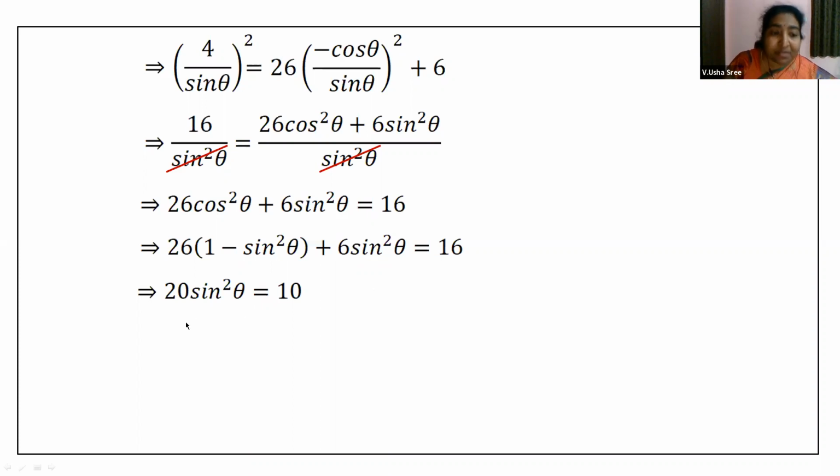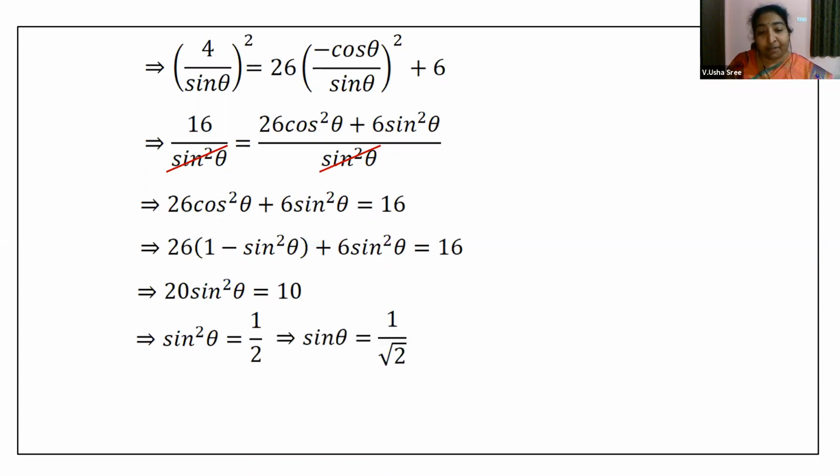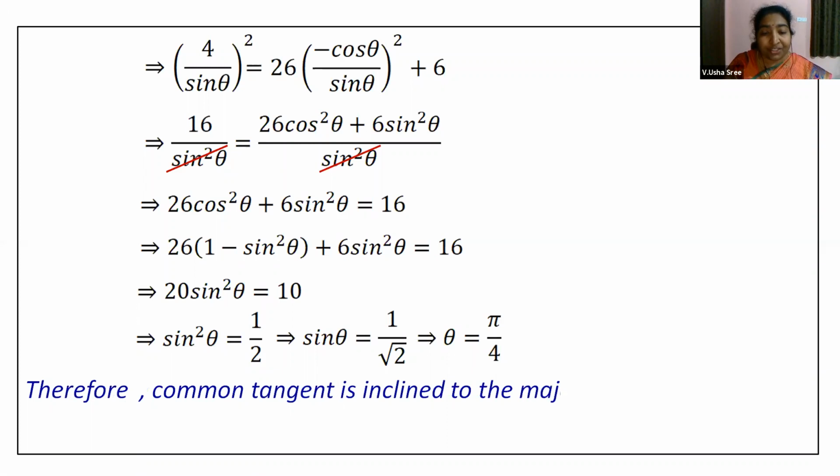After taking minus common and simplifying, you will get 20 sin square theta, and of course 26 minus 16, which is 10. So sin square theta is equal to 10 by 20, which is 1 by 2. Sin theta will be 1 by root 2, or theta is equal to pi by 4. Therefore, the common tangent is inclined to the major axis at an angle pi by 4. This is what we have deduced.